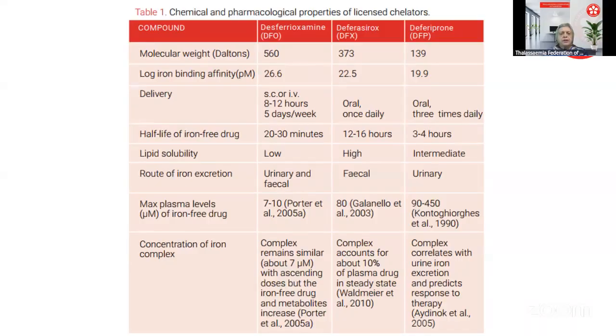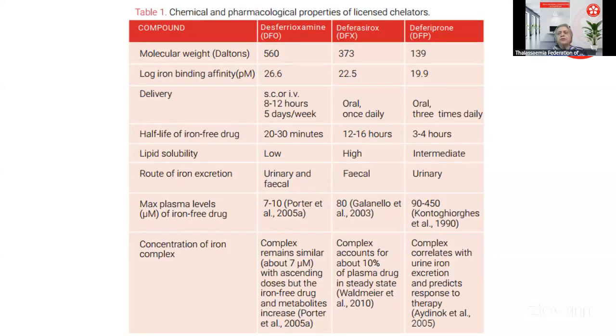Then let's move on to route of iron excretion. This is also important because many times patients come to you and they say, okay, my child is passing stools which are so red, I think he's passing blood. But one has to see that the fecal excretion is exclusively done by deferasirox.